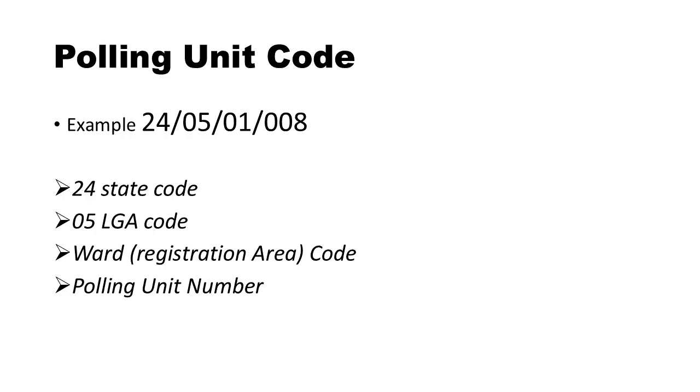And where can you see these numbers? You can see it on the voter's card, the INEC polling unit list, and election result sheets, the one with the EC8A and some other ones like that. Then we have the official election documents, you have this on them, except on the ballot paper.